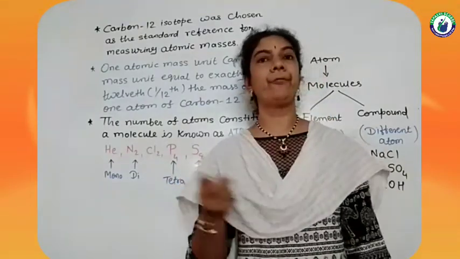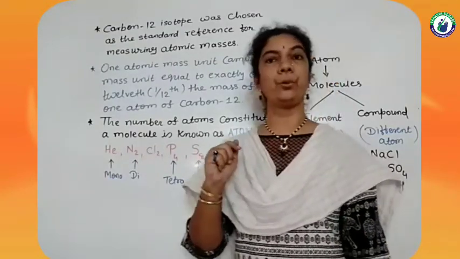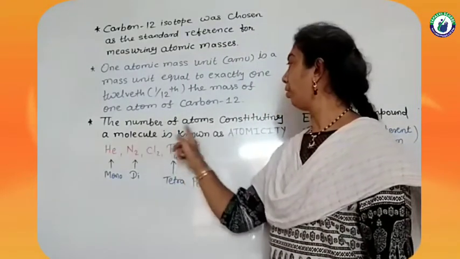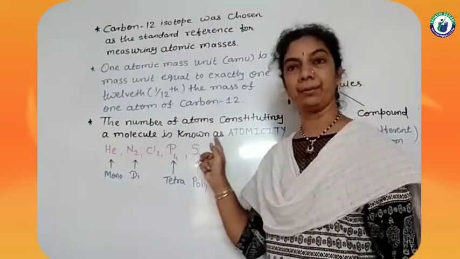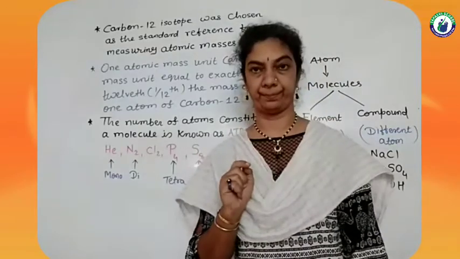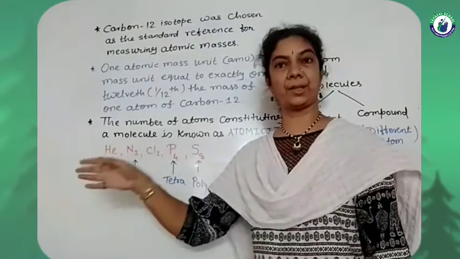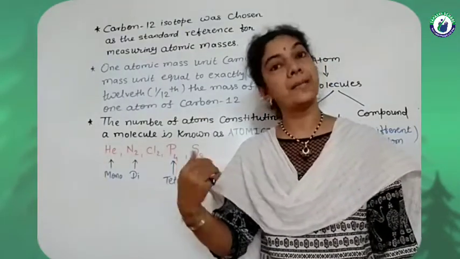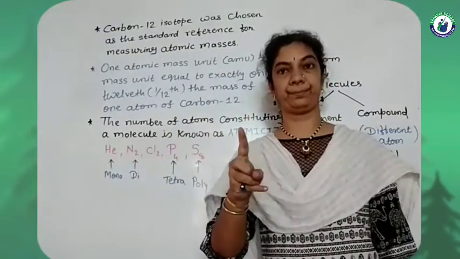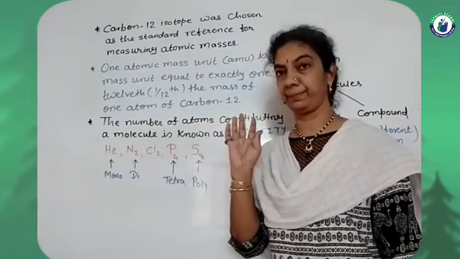Based on the number of atoms, one more term we need to define is atomicity. The number of atoms constituting a molecule is known as its atomicity. For helium, as it exists independently as a single atom, its atomicity is 1, that means one molecule equals one atom only.